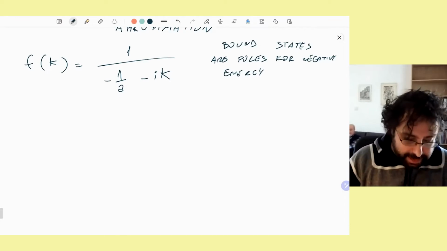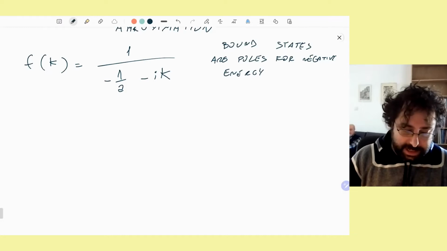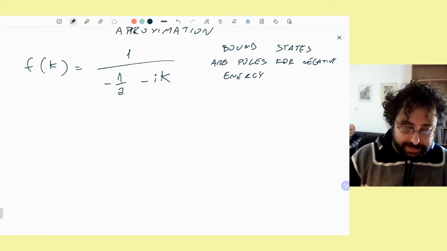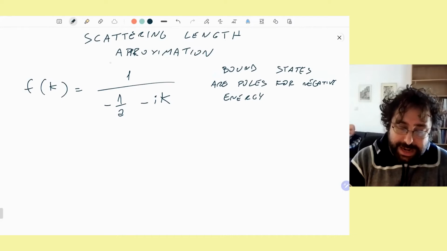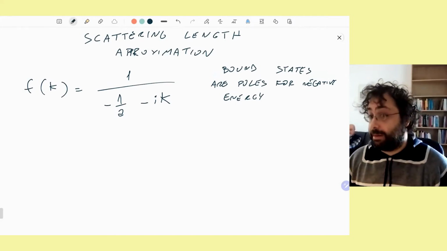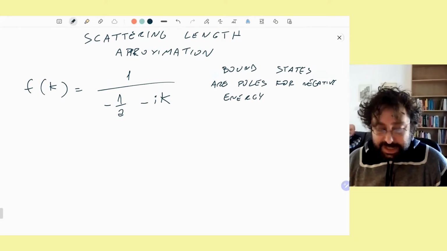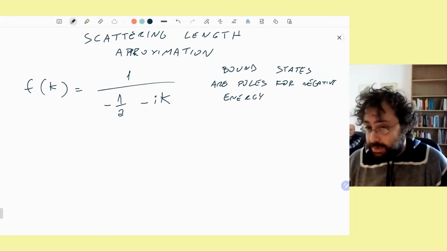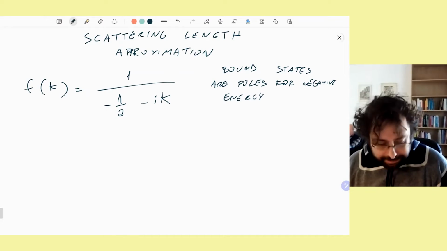Okay, so there are consequences of using this scattering length approximation, related to the fact that this amplitude now depends on a single parameter, just on the scattering length. And this relation has been, as far as I know, first put forward by Landau, or at least, let's say, formalized by Landau.